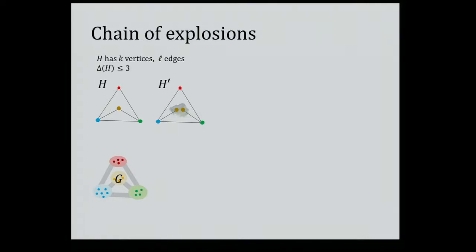So then, let's say we explode this yellow vertex, and we end up with a graph that has 1 less vertex of degree not equal to 1, and 2 instances for the subgraph counting problem. So these are the 2 instances G1 and G2 that we constructed before. So if we can solve each of these 2 instances, then we end up with a solution for this.